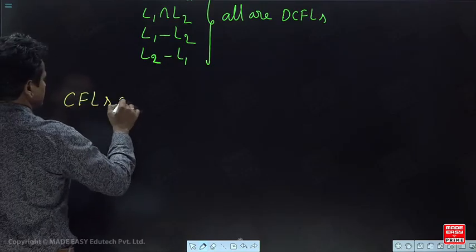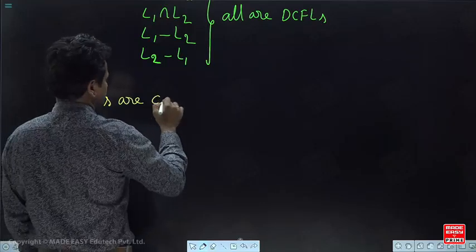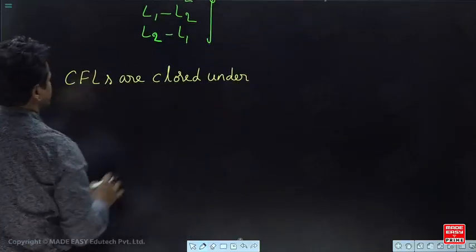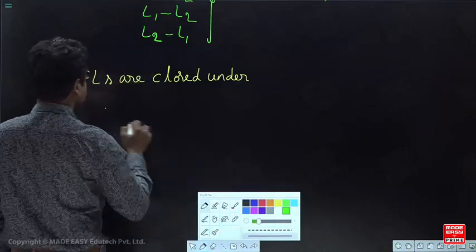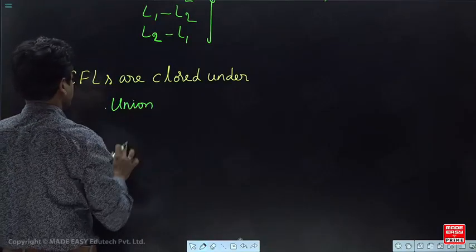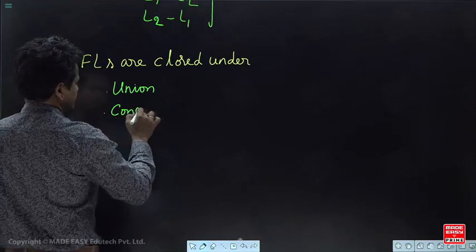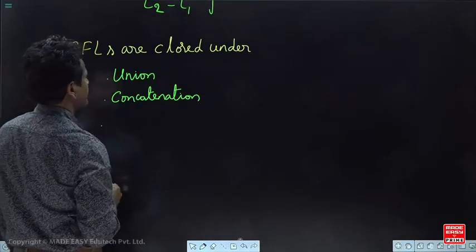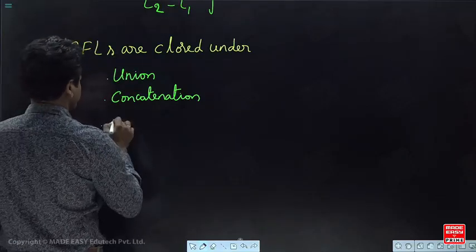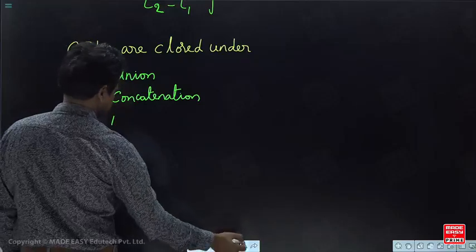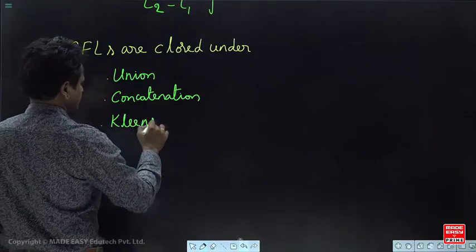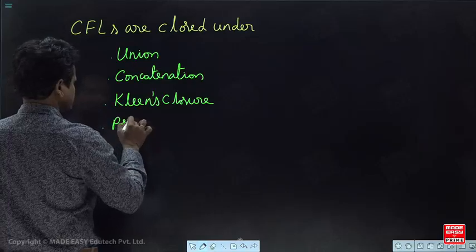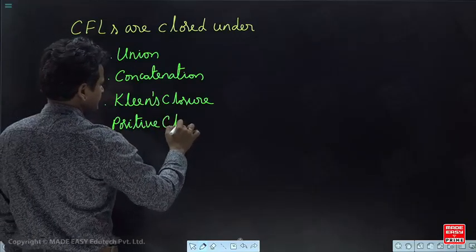Context-free languages are closed under union, concatenation, Kleene closure, similarly positive closure. Whenever Kleene closure comes, positive closure also comes, even in the top also.